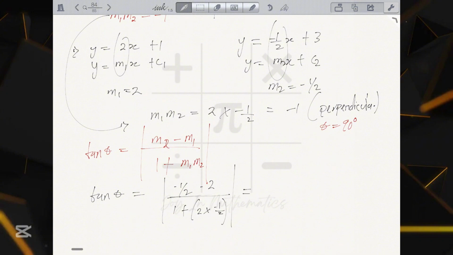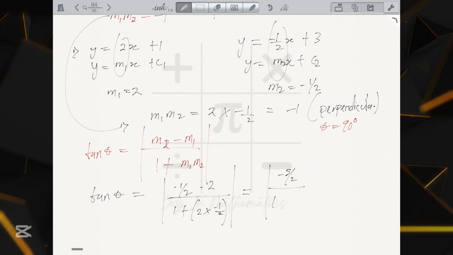Therefore, our numerator will be -1 over 2 minus 2, and this will give us -5 over 2, or -2.5, divided by 1 plus 2 multiplied by -1 over 2, which is 1 minus 1, equal to 0.